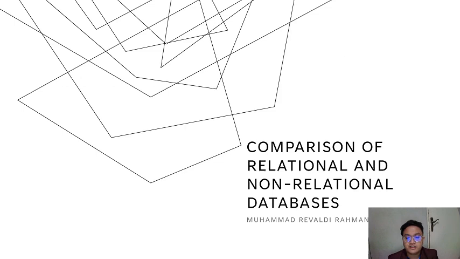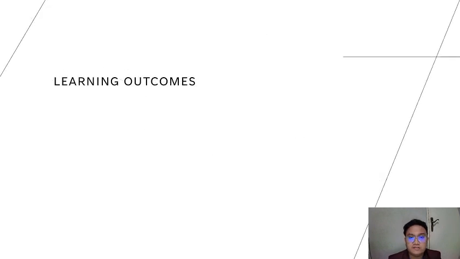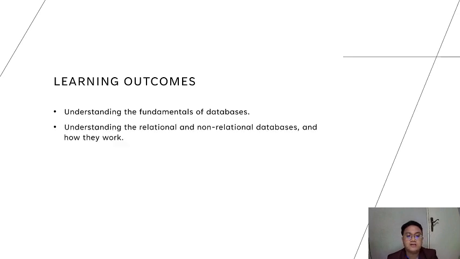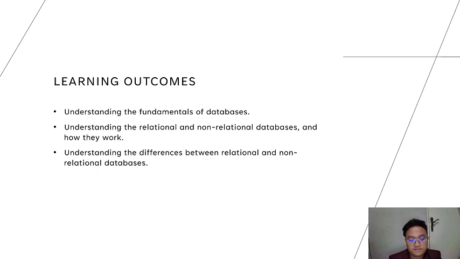Here are some learning outcomes that we hope to achieve by the end of this video. The first one is that we understand the fundamentals of databases, and also understand relational and non-relational databases and how they work. Next is the differences between relational and non-relational databases.